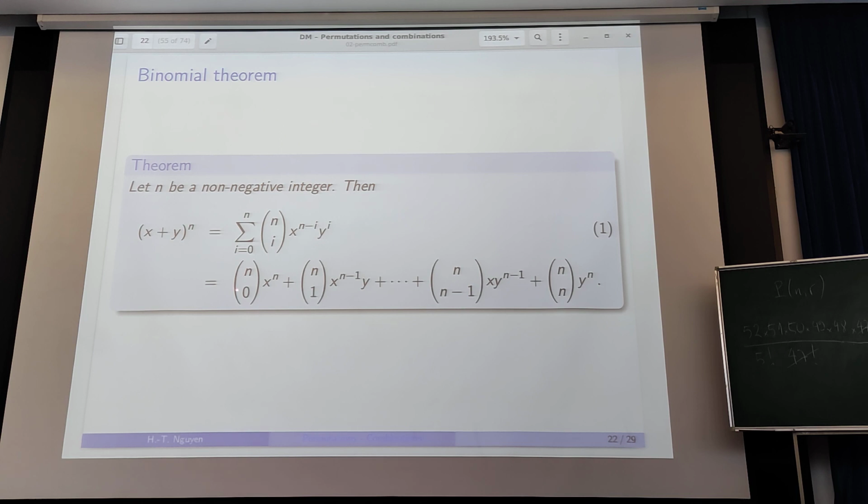They are the coefficients corresponding to the terms x to the power n, x to the power n minus 1 y, and so on. Okay? So you can see here there is a pattern. So these numbers are also called the binomial coefficients. So if you see binomial coefficients, then you understand that it is the number of combinations. Okay?